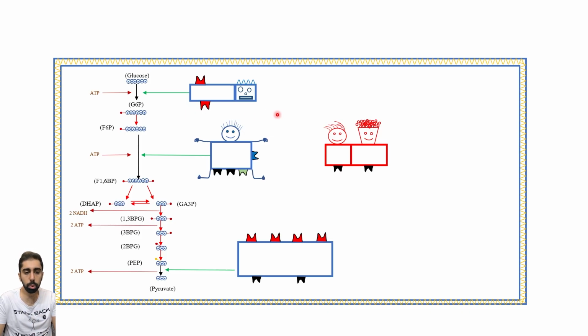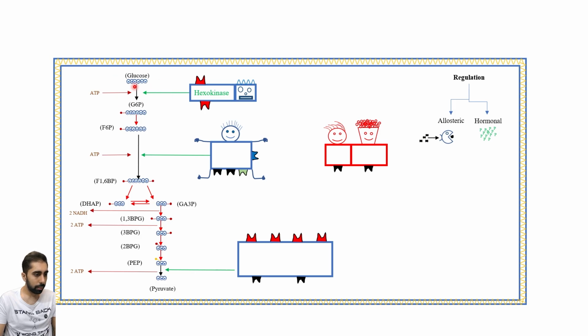Totally, we have two types of regulation. It can be hormonal and it can be allosteric. Hormonal means we can add phosphate groups or remove phosphate groups from an enzyme. And allosteric means that we can add ions and molecules to an enzyme or remove them.